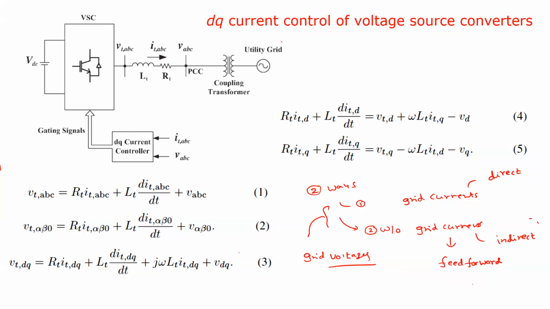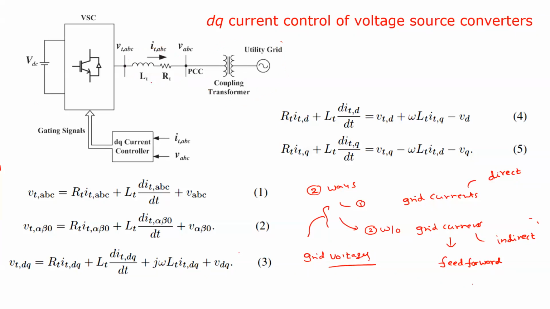Let us talk about obtaining the decoupled equations, or the inverter control, without measuring the grid currents. So this is the grid, and the inverter is connected through a coupling inductor setup, which we already discussed.